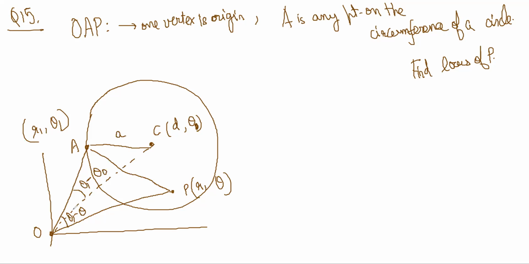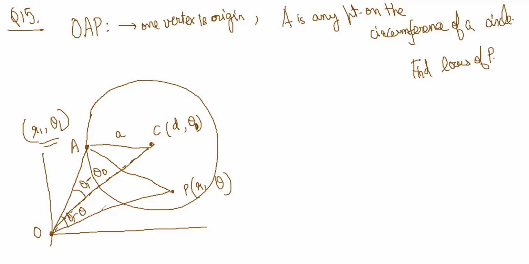So you can do the cosine rule now in this triangle, and r1 is any variable point on this. You can do the cosine rule here also. Either cosine rule or sine rule, you have to eliminate some stuff.